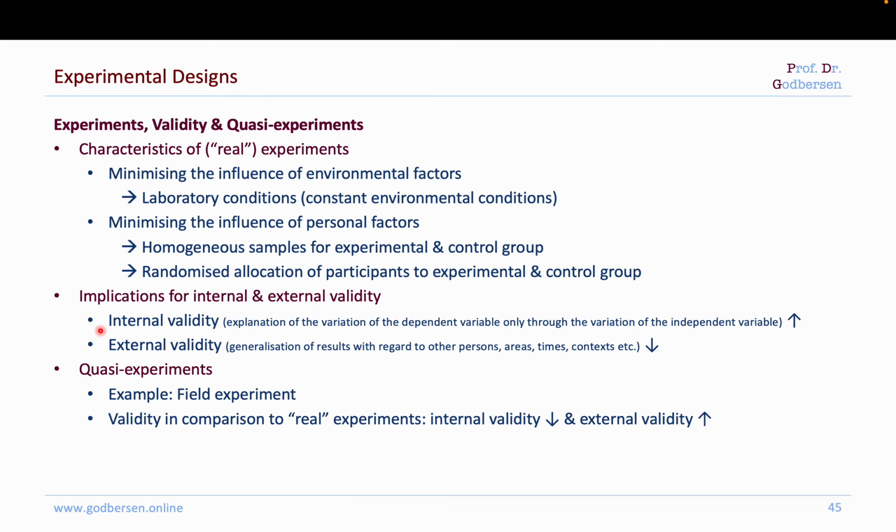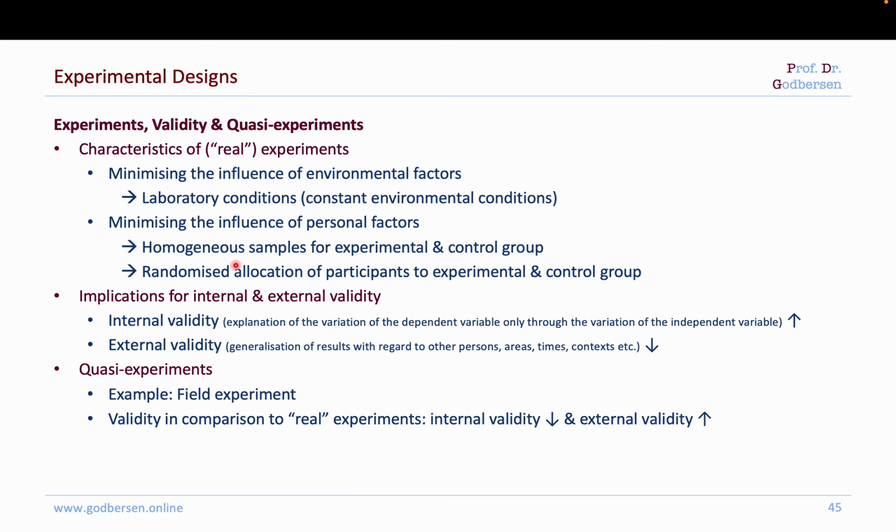Internal validity is the explanation of the dependent variable only through the variation of the independent variable. So only the independent variable has an impact on the dependent variable, and there are no other external factors influencing the dependent variable. External validity means I can generalize my results to other persons, other situations, other times, and so forth.